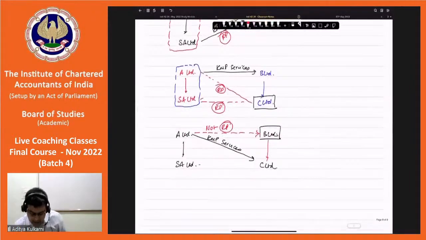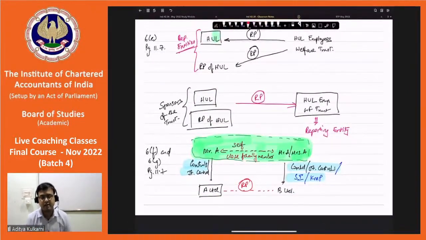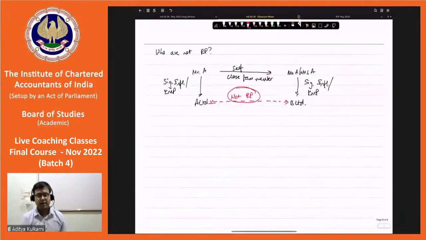A and B are related to each other if and only if at least one leg of the transaction should be controlled or jointly controlled. In this case, there is no jointly controlled scenario. It's only significant influence or KMP, and therefore, in this case, they are not related parties.